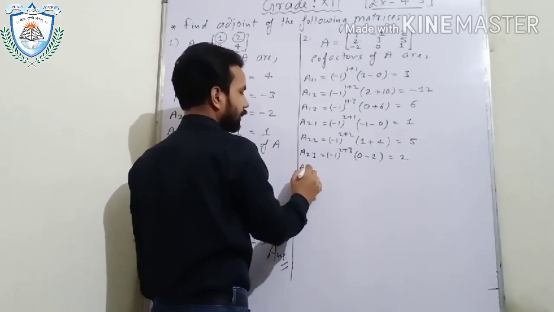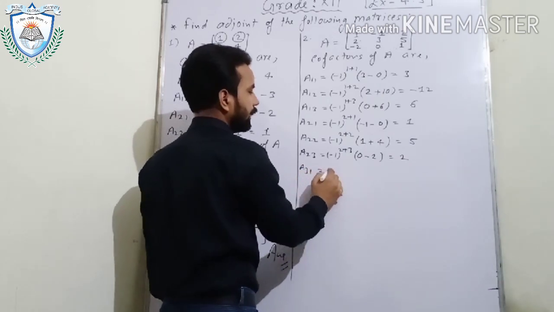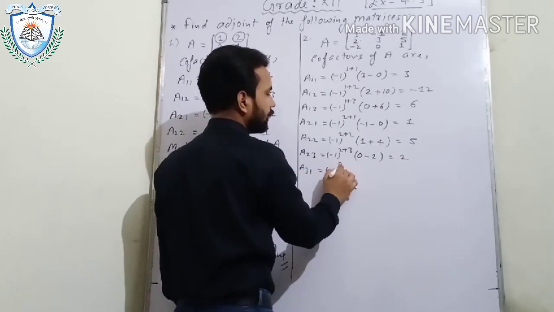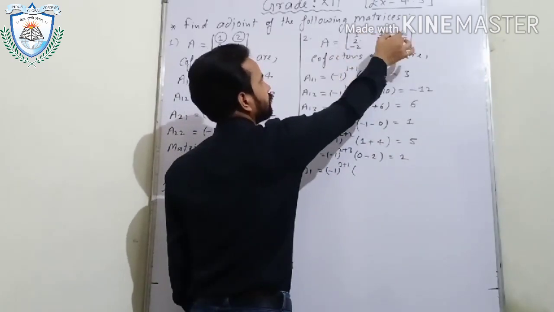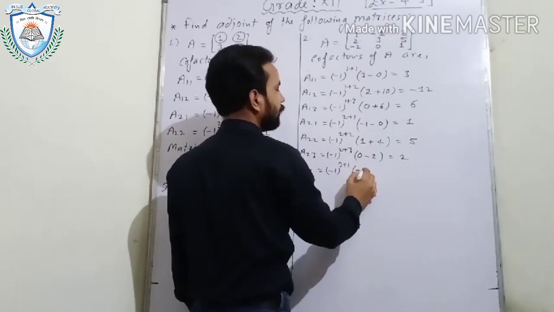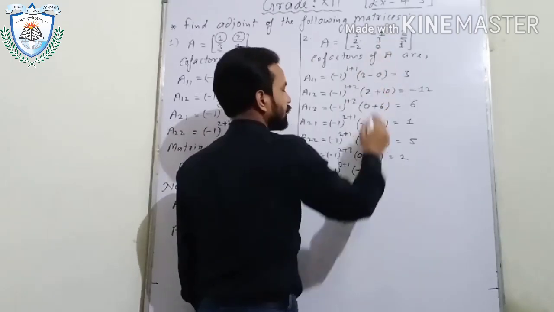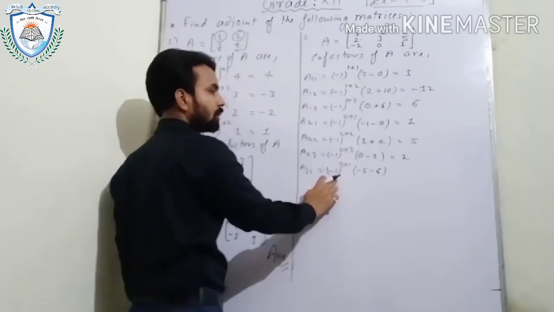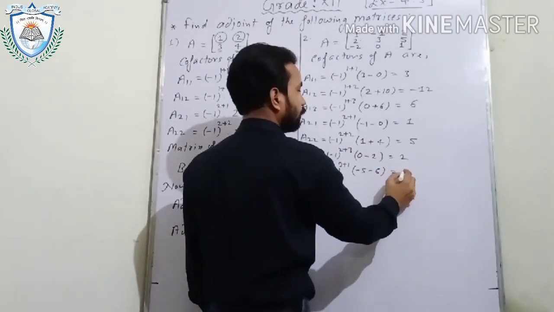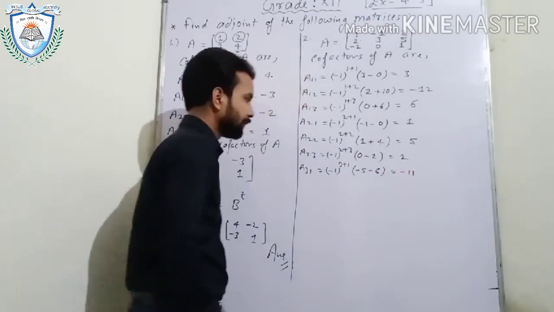Now A31. A31 means minus 1 to the power 3 plus 1. Third row, first column. So 5 into minus 1 is minus 5, and minus 3 2s are 6. That is minus 11 and this is positive 1. So positive 1 into minus 11 is minus 11.